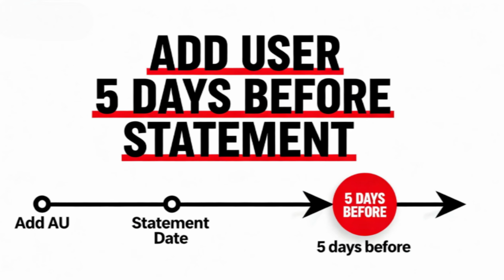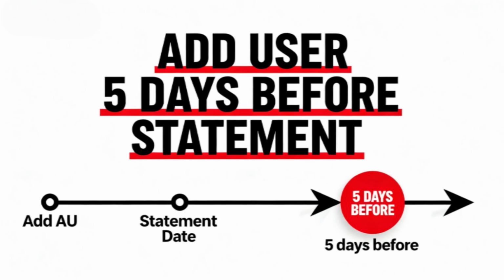Because we need to add someone at least 5 business days prior to the statement date, right? And then it would take about 10 business days for that trade line to report. It's still the fastest way to boost your credit score, but that's the minimum, right? And then sometimes if you don't make the cutoff, it can be 30 days, it can be 45 days.